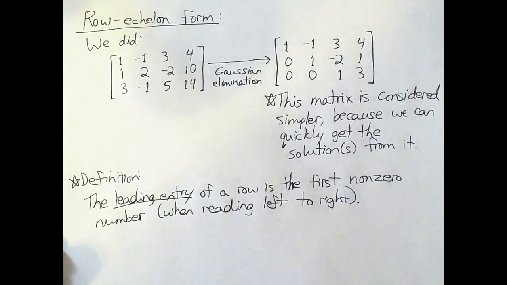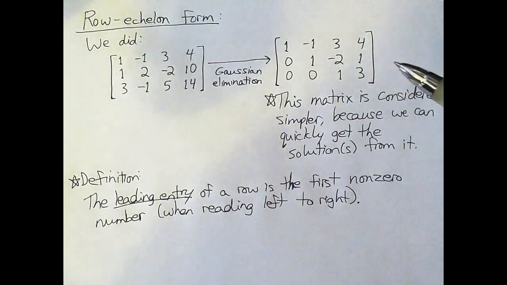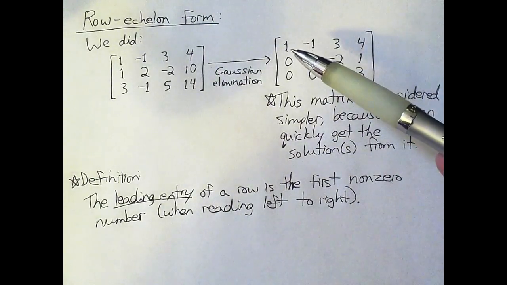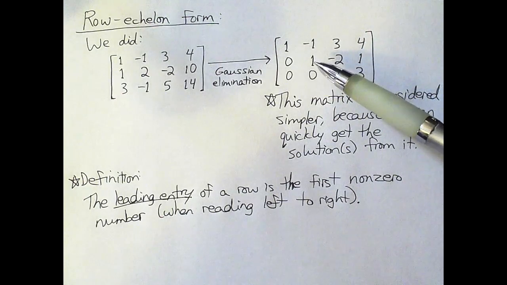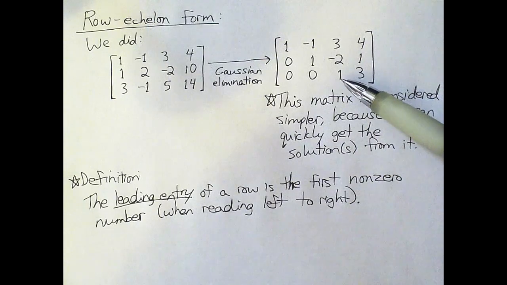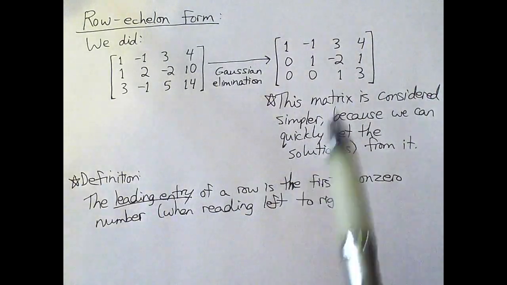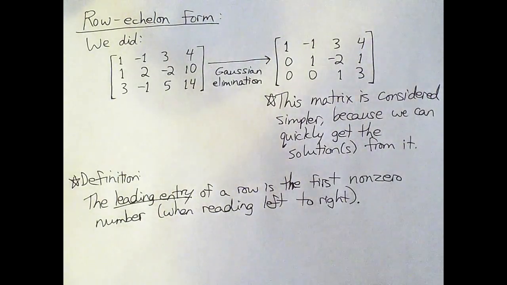It's the first as you go from left to right. So, for example, in the simpler form that we got this to, I would say that in row 1, the leading entry is this 1. In row 2, the leading entry is this 1 over here. And in row 3, the leading entry is this 1 over here. It's the first non-zero number. By the way, this word entry, we might refer to the numbers that are in a matrix as the entries of the matrix. This happens to be the leading entry of each row.